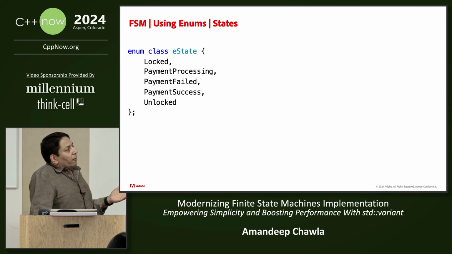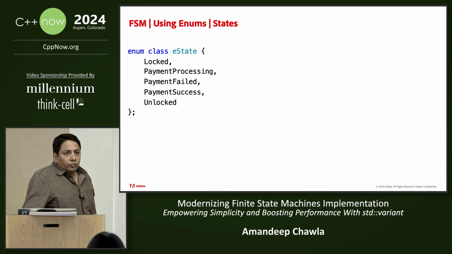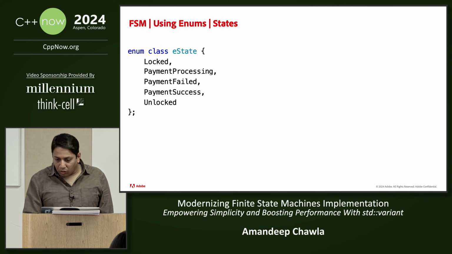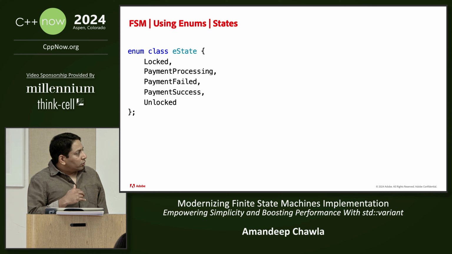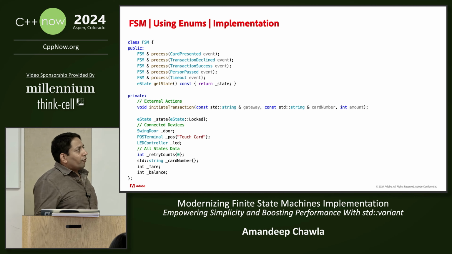Let's go through how finite state machines using enums are implemented generally. On the top level, you will have some enum which defines all the states we have. For example, logged, payment processing, payment failed, payment success, and unlogged. They correspond to each state we have in our system. And this is how our finite state machine looks.